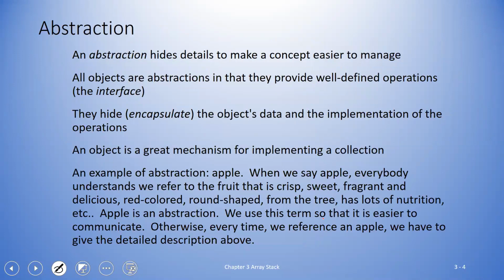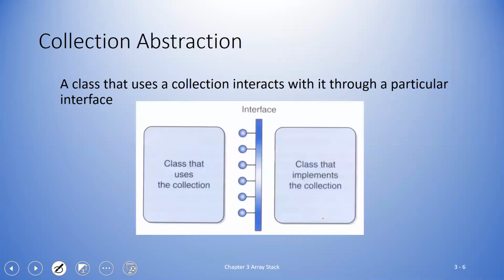And abstraction, you can read this on your own and make sure you read it because I'm trying to explain it with words. And if you don't understand it, let me know. So collection abstraction: a class that uses a collection interacts with it through a particular interface. So here is the interface, and the interface will tell you what methods are there.